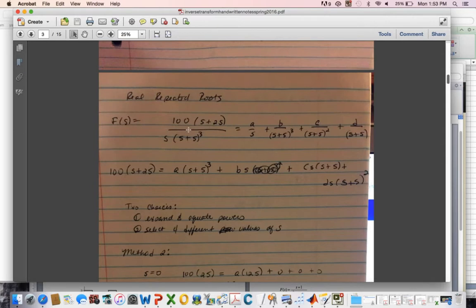So remember, what we're really doing is representing a differential equation with this. So if you have a fourth order polynomial in the denominator, that means you had a fourth order differential equation, which means you will generate 4 constants of integration. So in our partial fraction terms, we will have 4 unknown factors, 3 associated with this third order root.